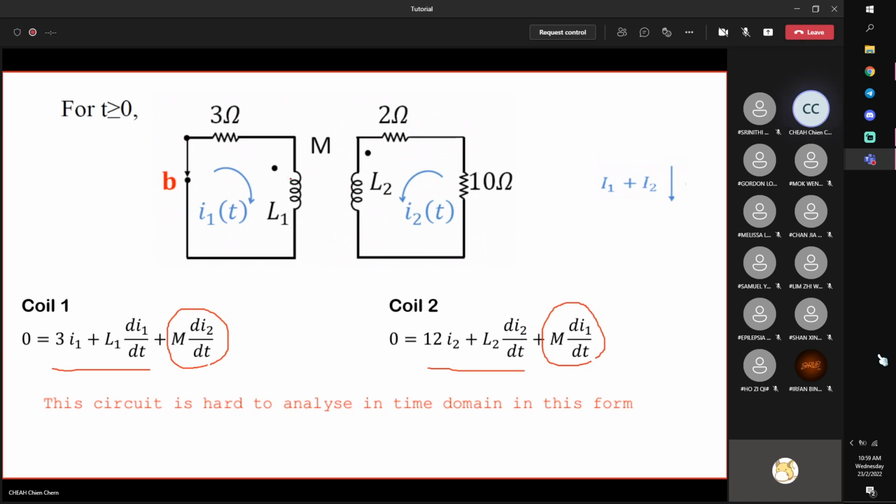Now the key idea is that here you have a current I1, here you have a current I2. Okay, can you combine them into a T junction with a current I1 plus I2? Right? Because of this I1, this I2, can I put it into this T equivalent form to represent this?